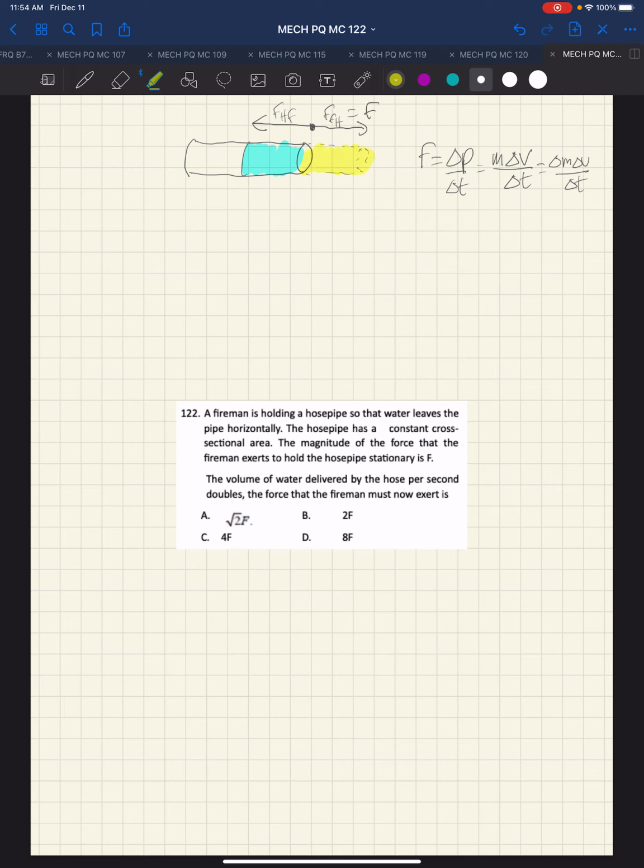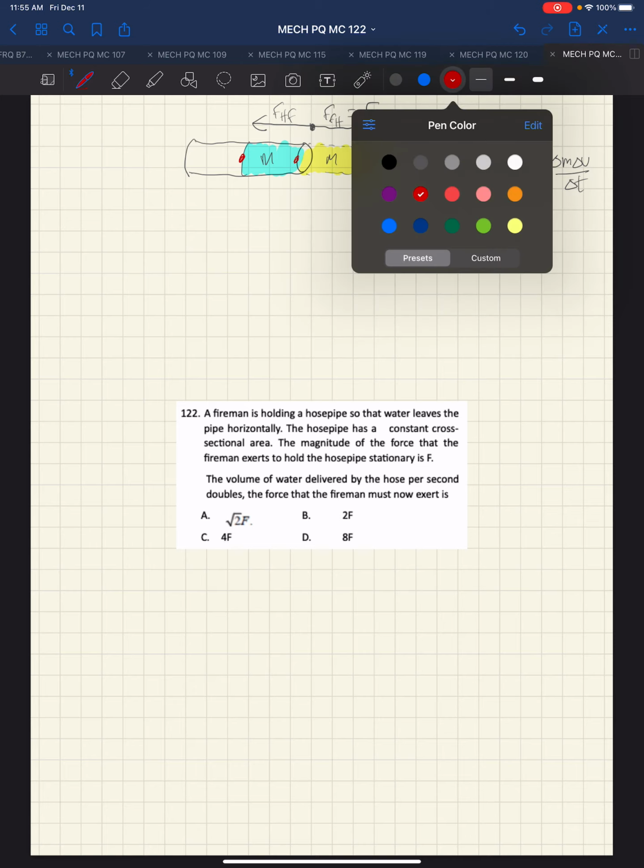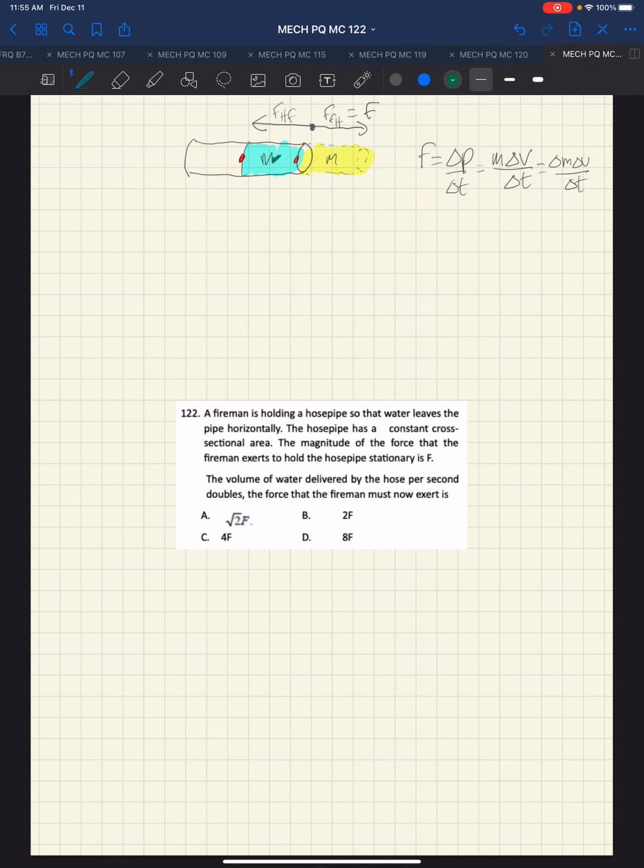That's what happens. We have a delta M represented by the blue, a mass that moves from the blue to the yellow. If we take any particle, let's say at that edge, it moves to that edge, and a particle here moves to here. So we can see what's going on with the motion.